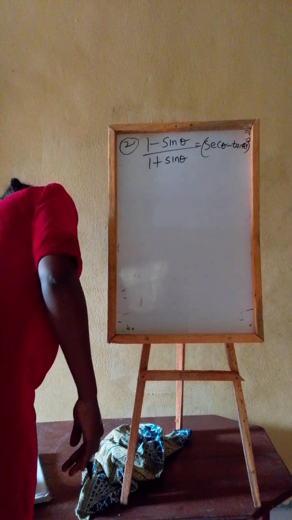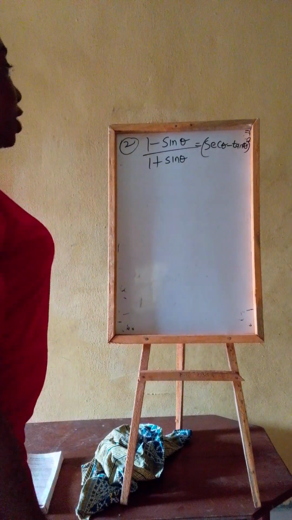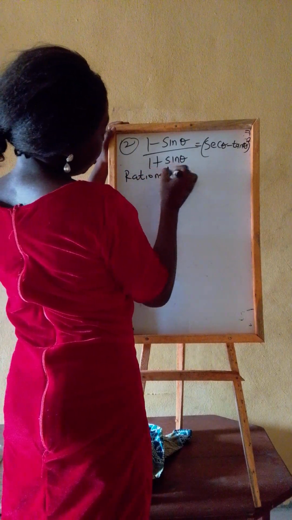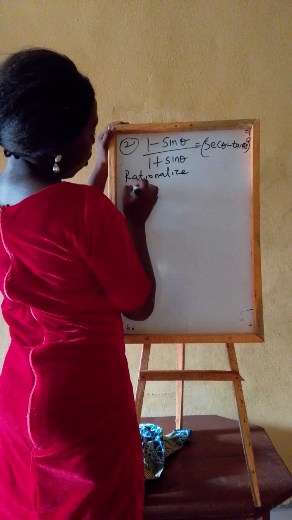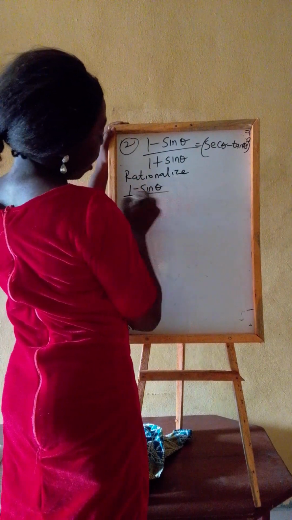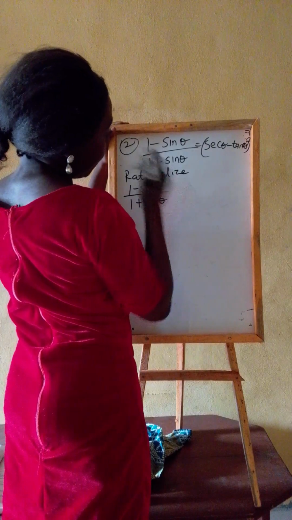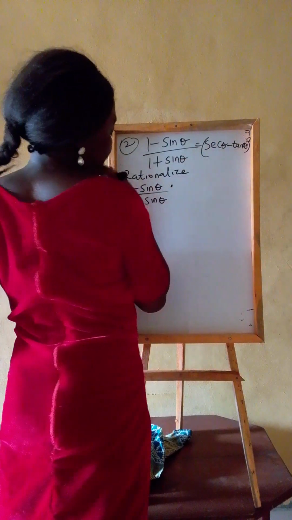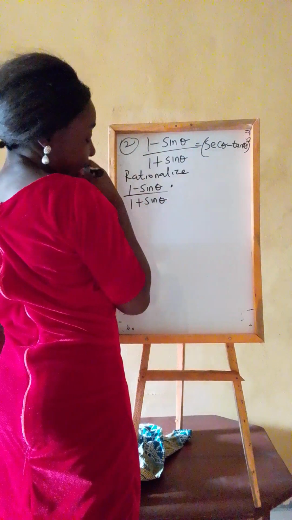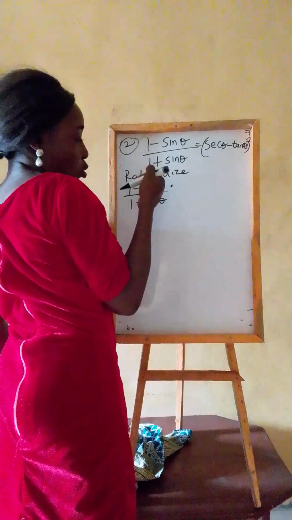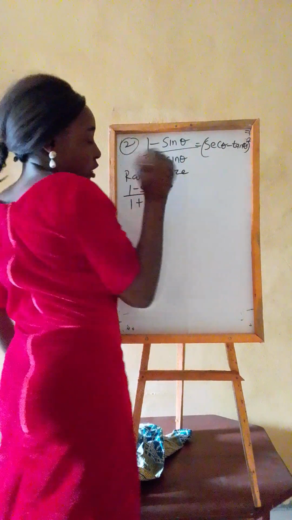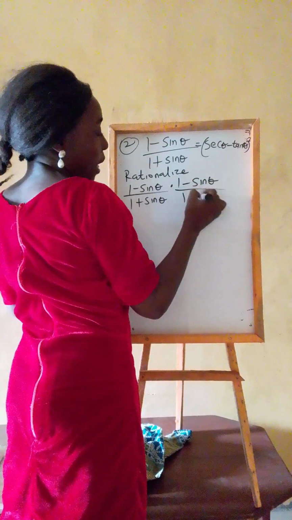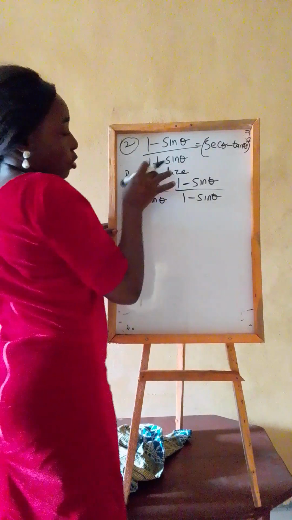The first thing to do is to rationalize. Rationalize means you change the sign of the denominator. So we have 1 minus sin theta over 1 minus sin theta, and we use this to multiply it.